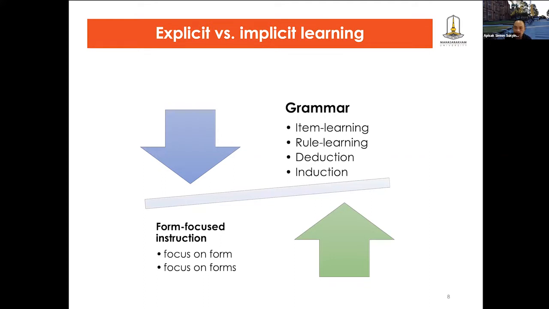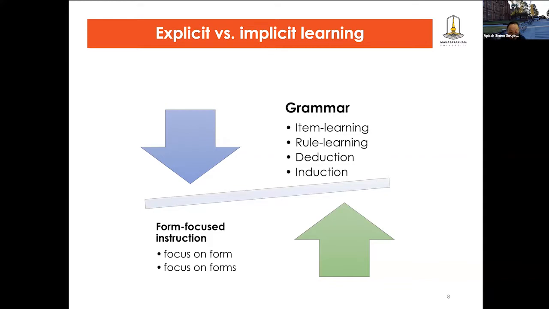But the focus has shifted a lot over time. The way we teach grammar has changed over time. And grammar translation and explicit meta-linguistic instruction have not completely disappeared in English language teaching.